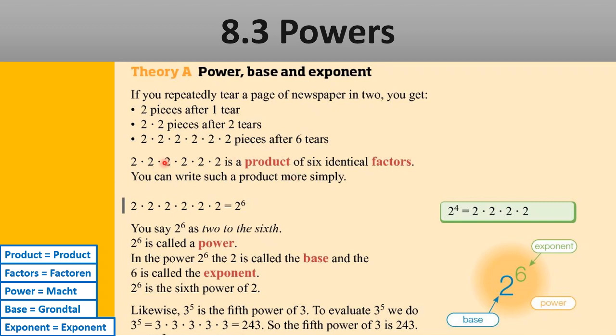Okay, so 2 times 2 times 2 times 2 times 2 times 2 is a product, something that is multiplied, of 6 identical factors. Now we're going to write this product more simply, because we like that. Instead of writing down 2 times 2 times 2 times 2 times 2 times 2, we're going to write this down as 2 to the 6th power, or 2 to the 6th, as they also sometimes say.